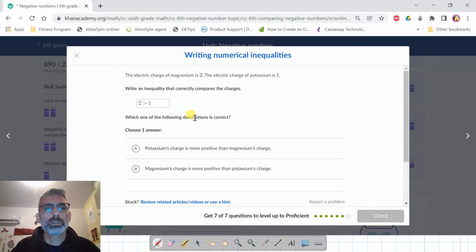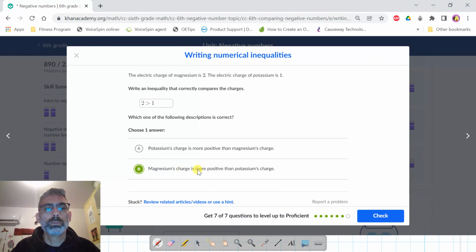Which one of the following descriptions is correct? Potassium's charge is more positive. No. Magnesium's charge is more positive than potassium's charge because magnesium has a charge of 2.